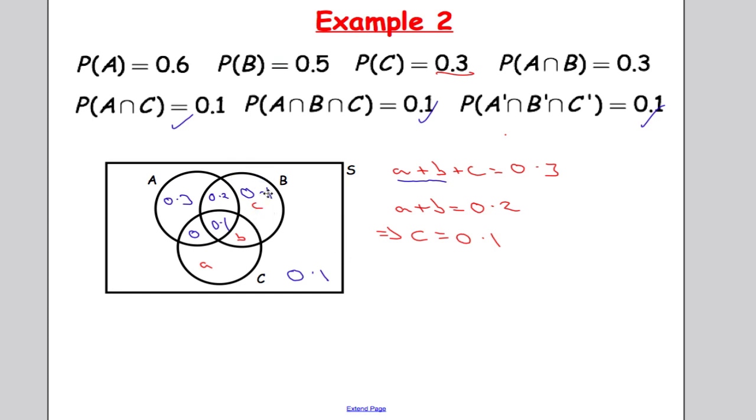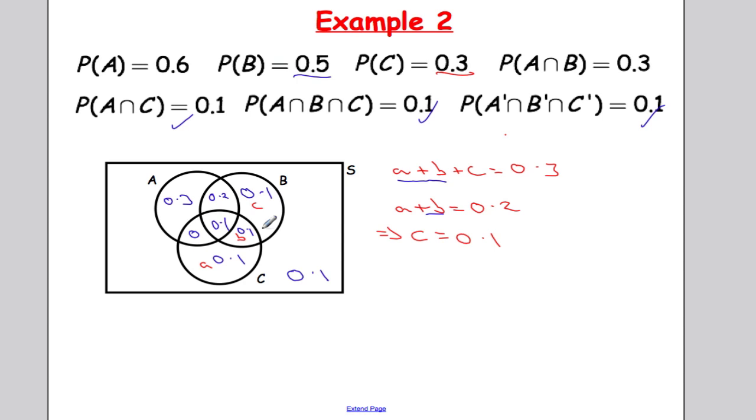I sure can. 0.1, 0.2, 0.1 gives me 0.4 altogether. The total probability is 0.5, so b must be 0.1 also. And now that I know what b is, looking at this equation, a plus b equals 0.2, I know that b is 0.1, so a must also be 0.1. And that's my Venn diagram completed.